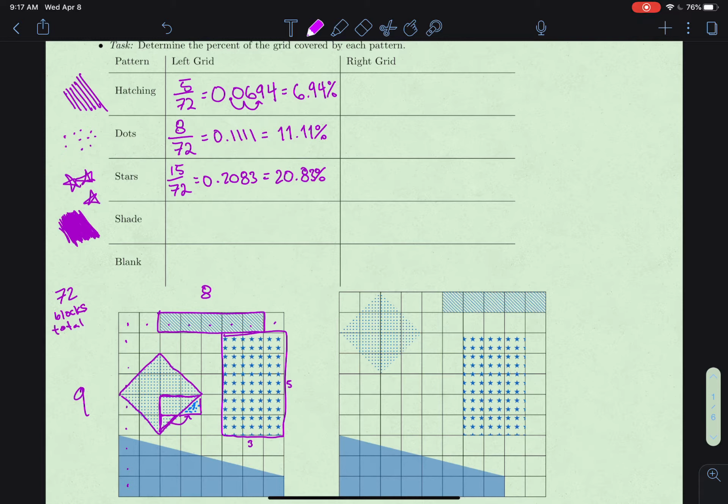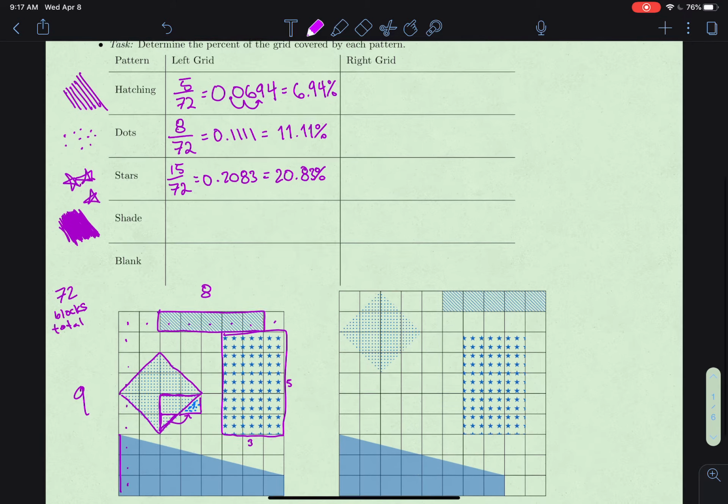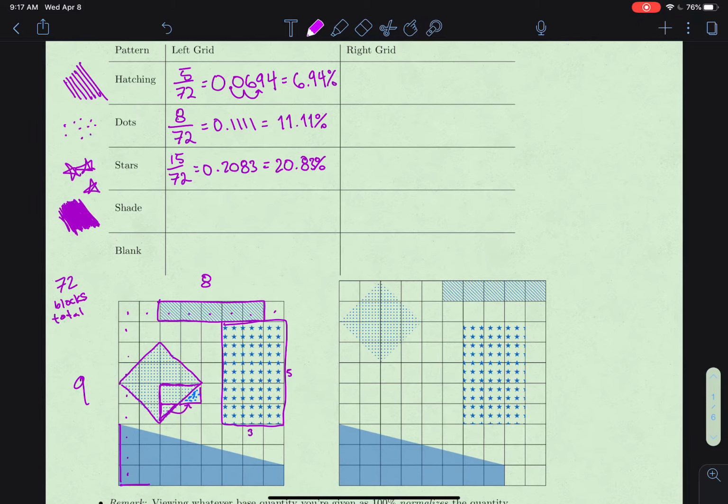All right, second last one here, shading. So we have this trapezoid. And the area of a trapezoid formula is hard to remember. But instead you can use geometry here.